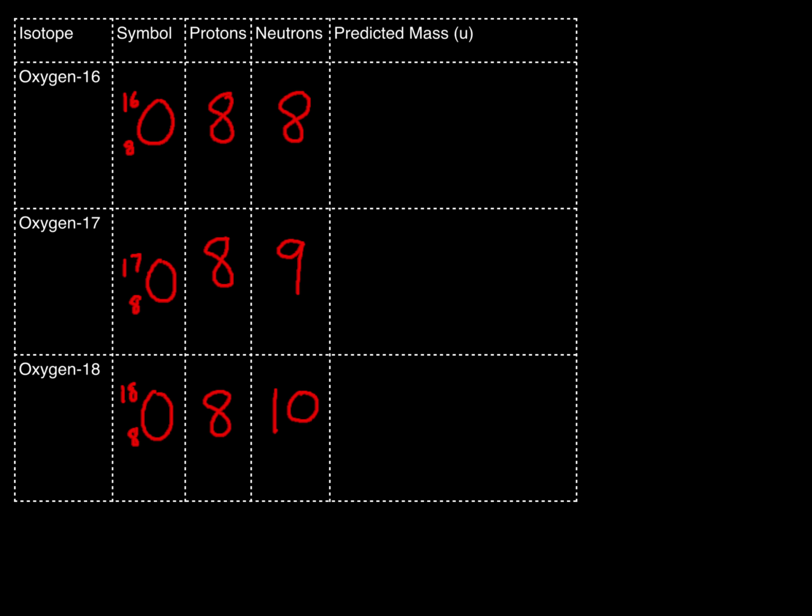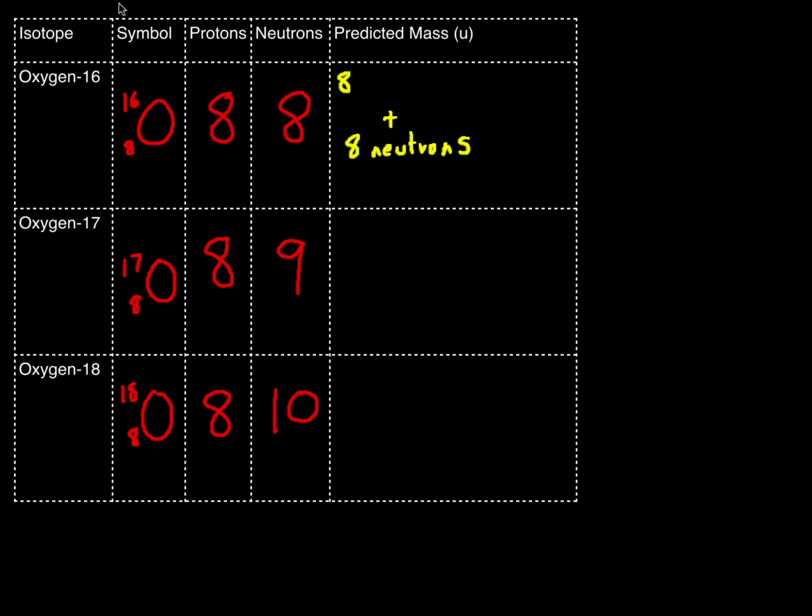You can predict what the mass of each nucleus of the isotope should be based on its components. Oxygen 16 is made up of 8 protons and 8 neutrons.